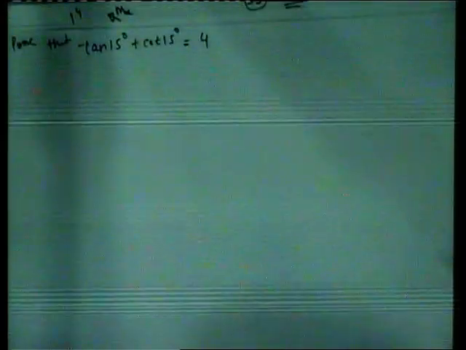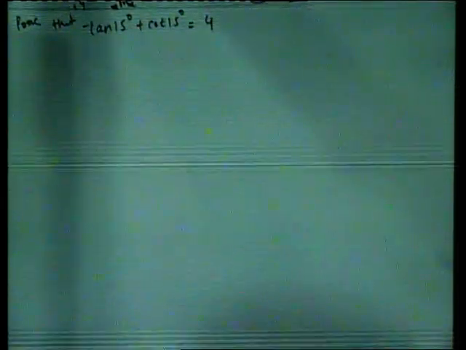Alright. Now let's see some simple example. Suppose I have to prove that tan 15 plus cot 15 is equal to 4. So it seems a difficult problem, that first we have to find the value of tan 15 and then cot 15 and then substitute, but this is not that.